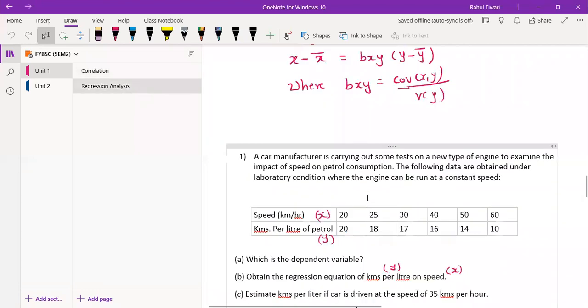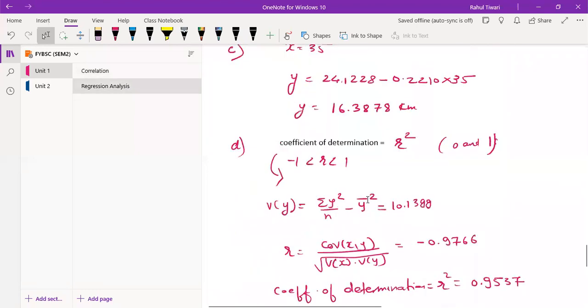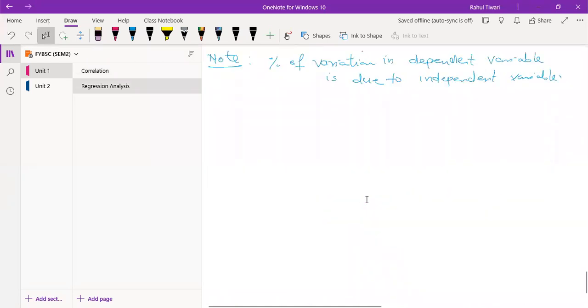And tell me what are the values of A and B. You got it? Sir, A is equal to 24.12. Just a minute. You can see something like capital A and capital B, something like that? Yes sir. Yes, very nice.